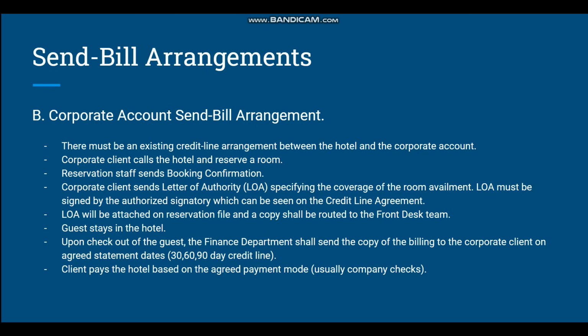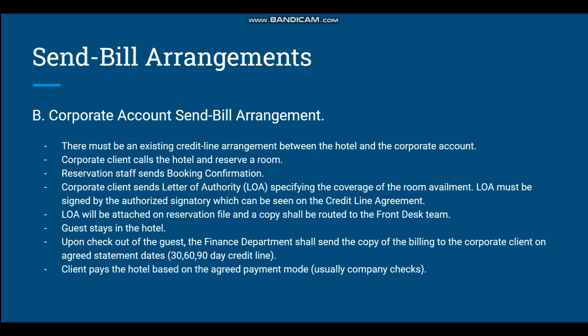And then there will now be an agreed payment time, or agreed statement date. So normally we play at 30, 60, or 90-day credit lines. If the company is a good payer, we can extend until 90 days. Okay, but mostly for initial corporate clients with credit line status, we only allow 30-day payments.